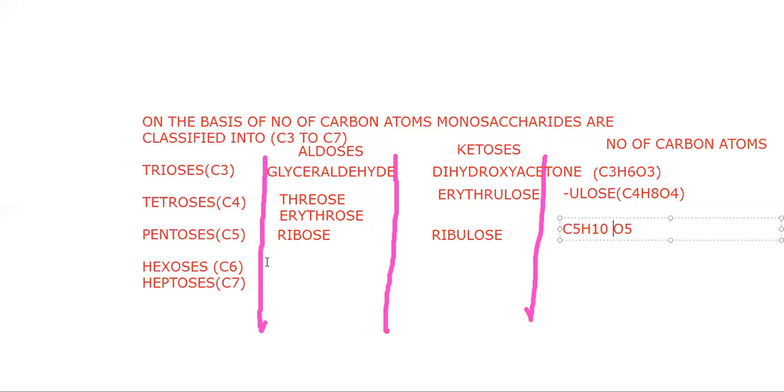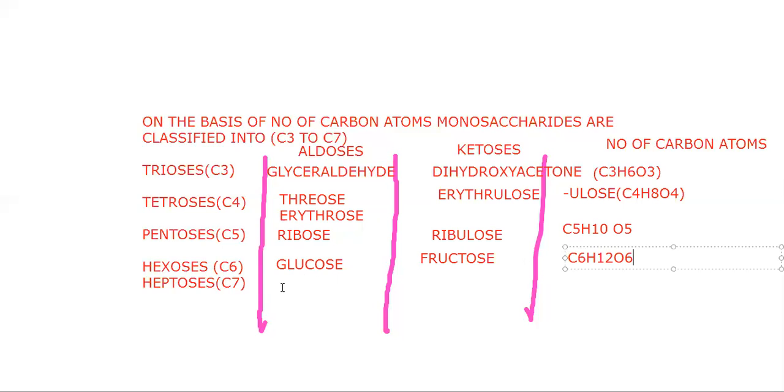Hexoses are C6 sugars. This is your favorite sugar, glucose, also known as blood sugar. Fructose is a ketohexose, and all hexoses have the formula C6H12O6.